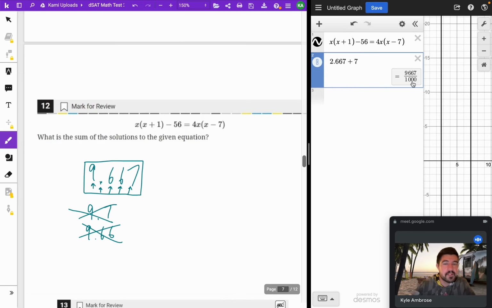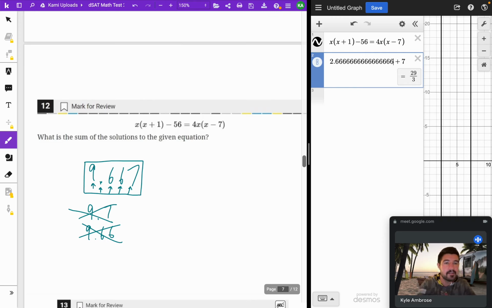There are too many digits. But if we change this to the repeating decimal that we know it is, 66666, Desmos is factoring that in. But watch what happens when I put enough sixes. Desmos says, oh, you must mean 2 2/3, right? 0.666 is 2/3. So 2 2/3 goes on forever.